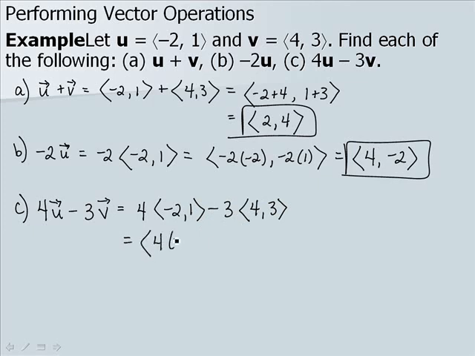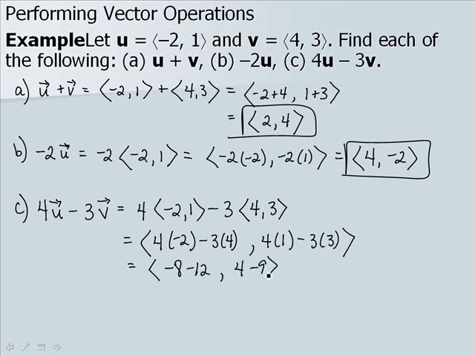So then we'll have 4 times -2 minus 3 times 4, and then 4 times 1 minus 3 times 3. So that gives us -8 minus 12 and 4 minus 9, or in this case <-20, -5>.